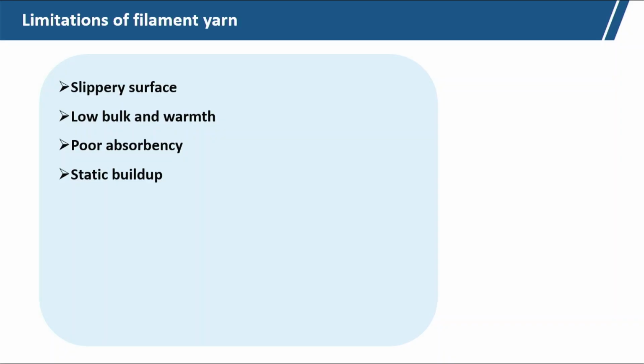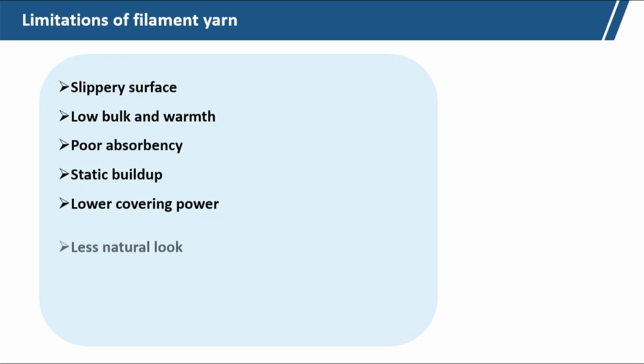Static buildup depends on the type of polymer which is used. For synthetic polymers like polyester, static buildup chances are there. Low covering power, because for the same yarn linear density, the diameter of filament yarn will be low.